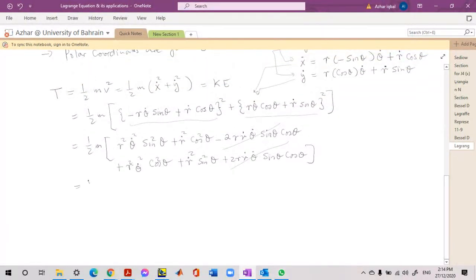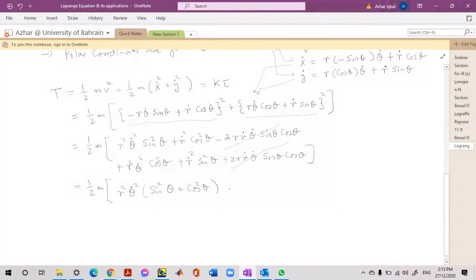so you are left with 1/2 m, and it becomes r square theta dot square if you take out this as a common factor from these terms which are just above. So inside the bracket becomes sine square theta plus cosine square theta.